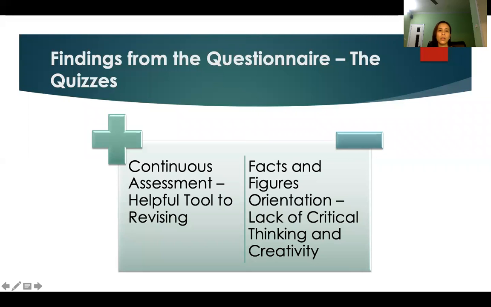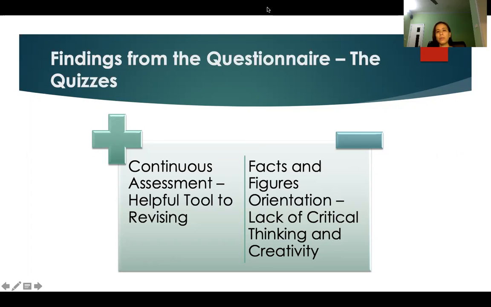In detail about the quizzes, they believed that quizzes are effective because the quizzes are continuous assessment, and they are a helpful tool to remind them that they need to learn, and also a helpful tool for them to revise the content regularly and continuously.